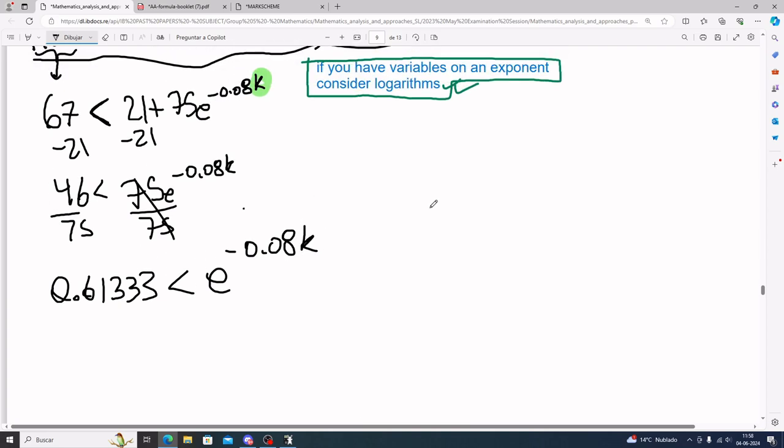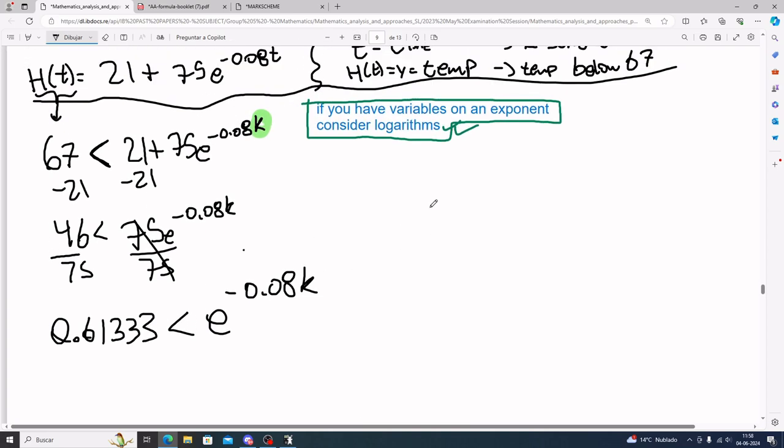From here, you can consider using logarithms to solve this properly. Something I didn't mention earlier is that you have two types of logarithms: natural log, and the original log, which I don't think has an actual name. Both of these have different bases.